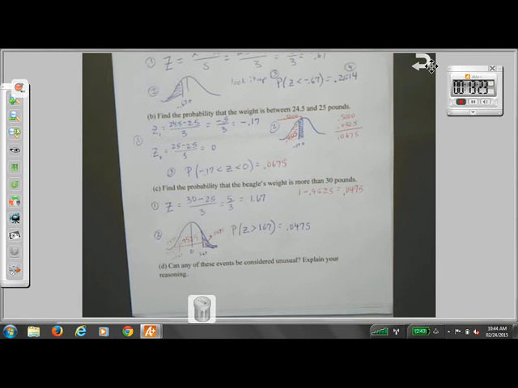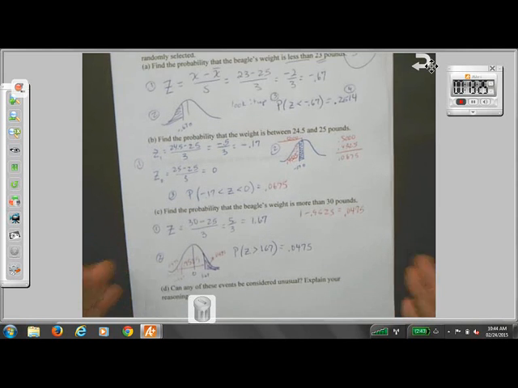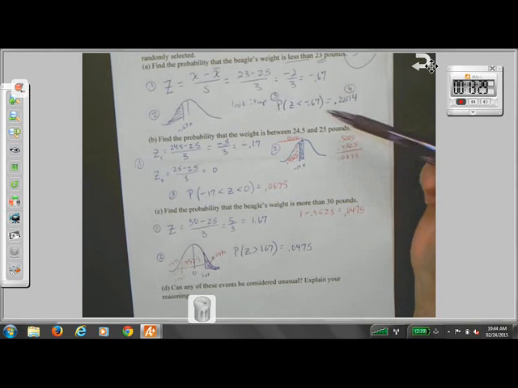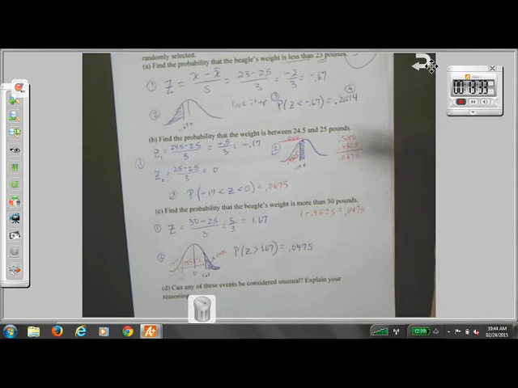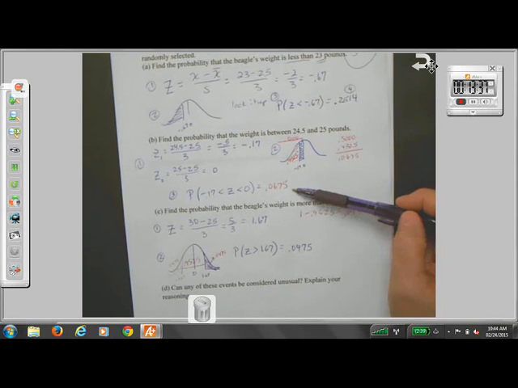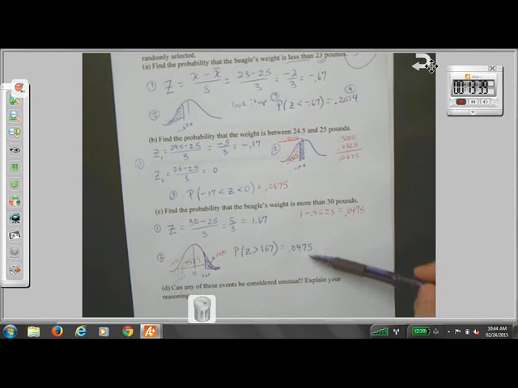All right, now letter D says, are any of these events unusual? Okay, so we've done 3 of them here. We had a 0.25, we had a 0.06, and now we have a 0.0475. Which one's unusual? The last one, the 0.0475, and why?